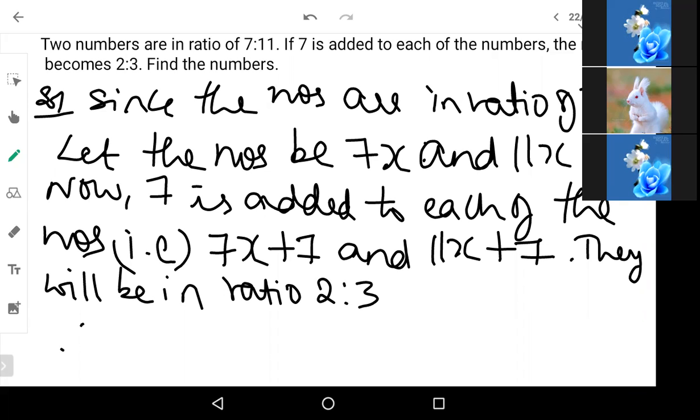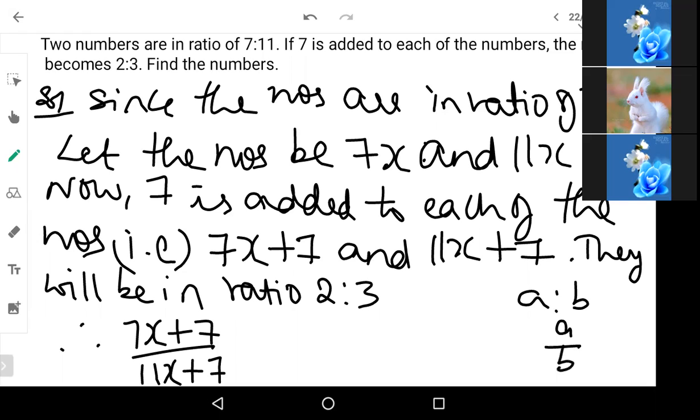So therefore, 7x plus 7 is to 11x plus 7. Now a is to b can be written as a by b, right? So 7x plus 7 is to 11x plus 7 can be written as 7x plus 7 divided by 11x plus 7, and the ratio 2 is to 3 can be written as 2 by 3.